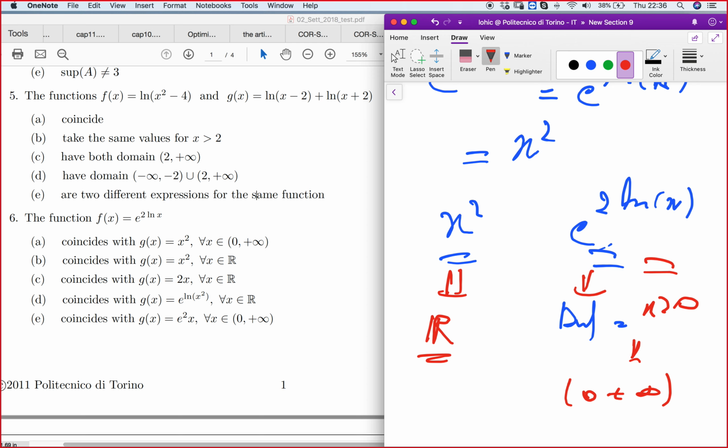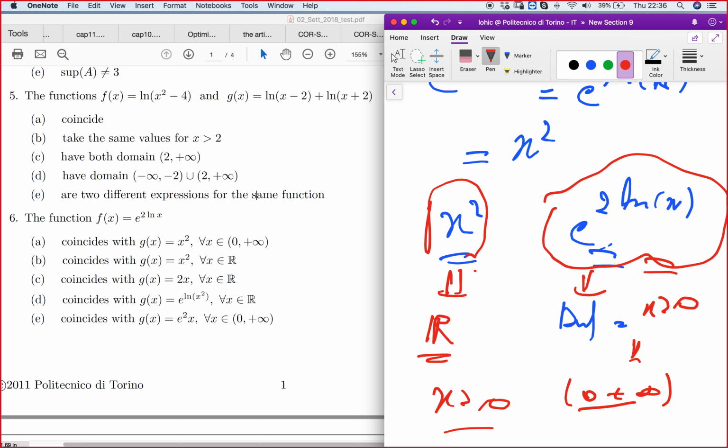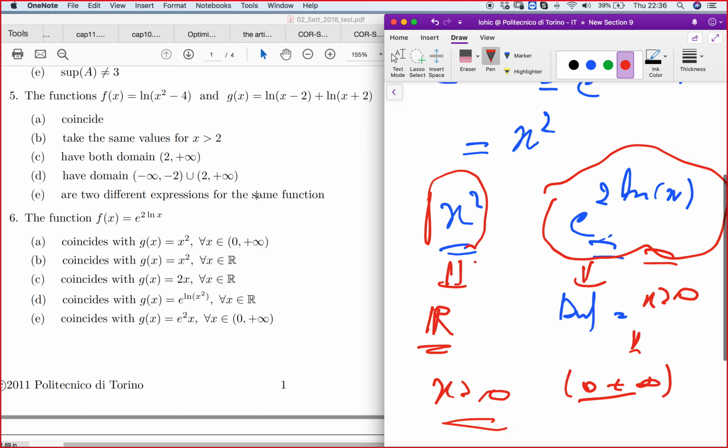So despite they both give x squared, the domain of x squared is R, whereas the domain of the other is 0 to plus infinity. So they cannot be considered to be the same function. But when they both exist, they coincide. This one exists for all x in R, this one exists only when x is greater than 0. So they coincide only when x is greater than 0. Okay?